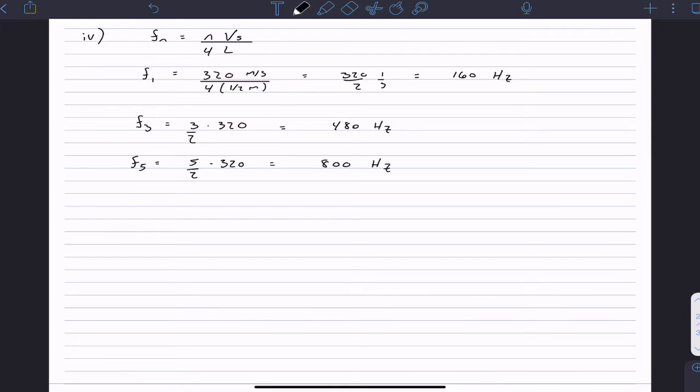Next, we're told we place this tube into helium gas, and then asked, do the resonant frequencies referred to in the previous parts increase or decrease? Give your reasoning. Without really doing any math yet, we know that when you breathe in a balloon full of helium, your voice goes higher.